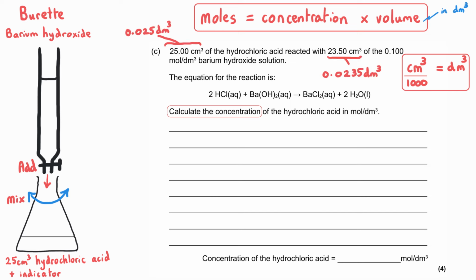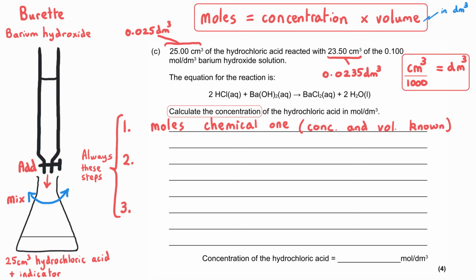And we need to also note the fact that our concentration for the hydrochloric acid that we're being asked to calculate is in moles per decimetre cubed. And that tells us that the final thing we need to do is take the moles of hydrochloric acid and divide it by the dm cubed of hydrochloric acid. In other words, its volume.